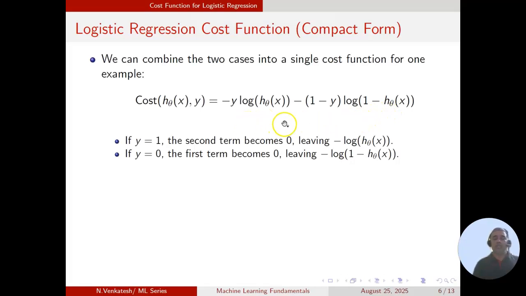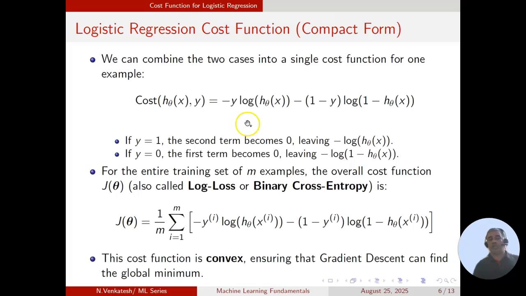Okay, so this is the cost function that we are going to use, and the good news is this cost function is also a convex function. This is for one training example, and we are going to define the overall cost function by taking the average over all training examples.